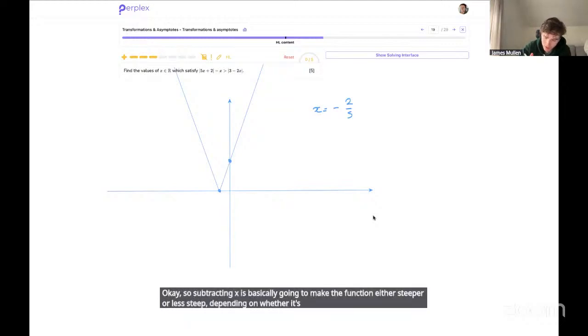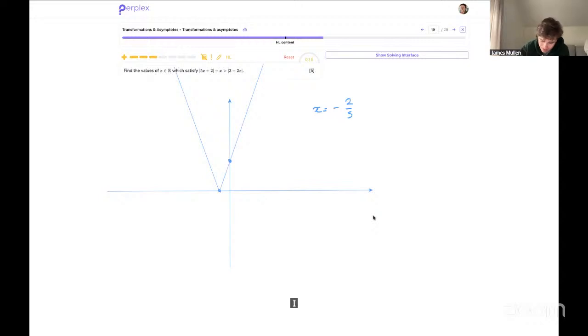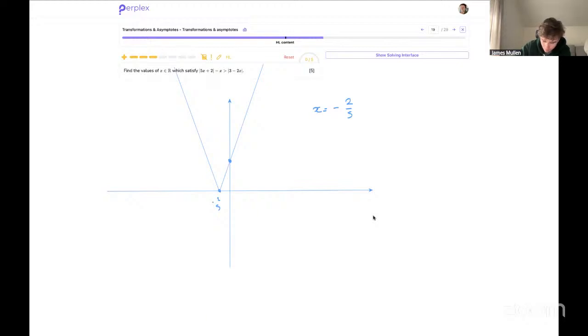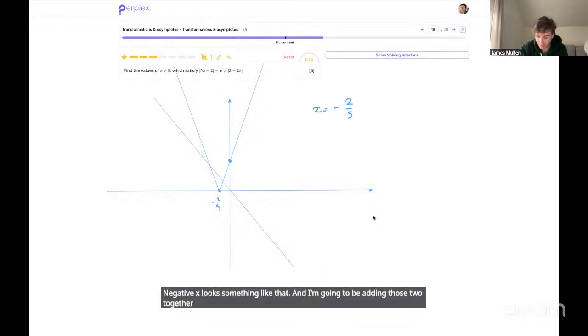So I'm going to subtract x. This is negative 2 over 5. And negative x, by the way, looks something like that. And I'm going to be adding those two together.